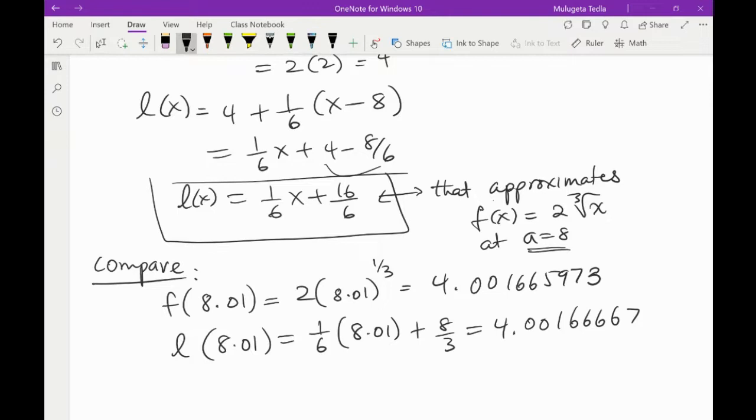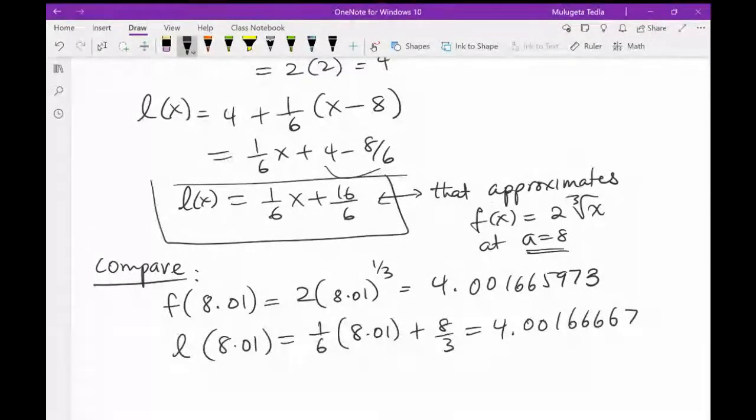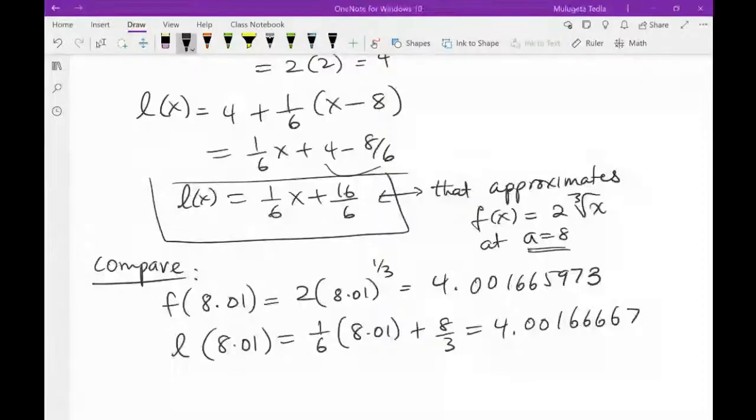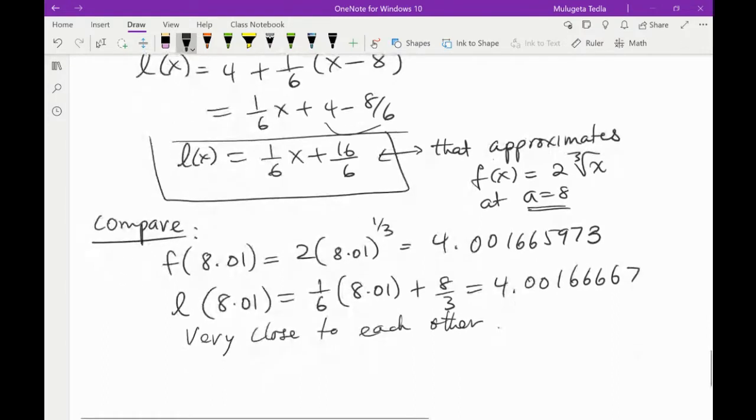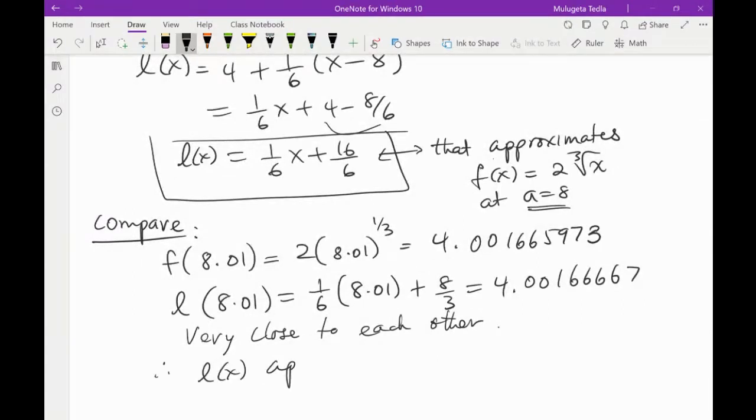So it's very close, right? They're very close to each other. Do you agree with me? So L of x approximates f of x in this case.